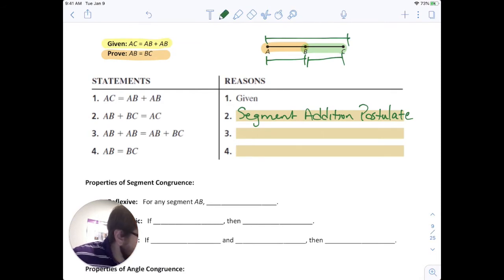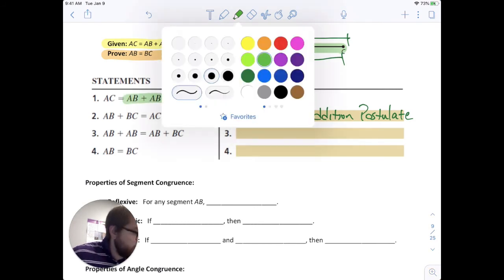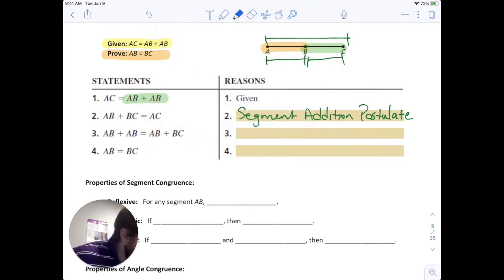Well, if I look here, AC is equal to AB plus AB. And AC is also equal to AB plus BC. So both of those expressions, AB plus AB and AB plus BC, are equal to AC. So if they're both equal to the same thing, then I can say that they're equal to each other.